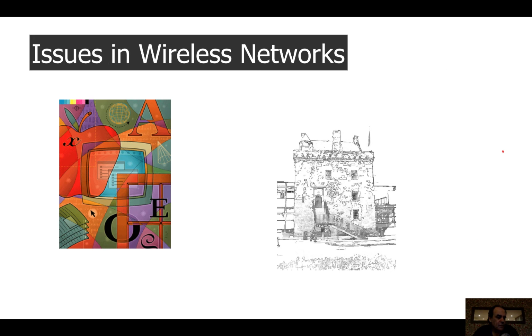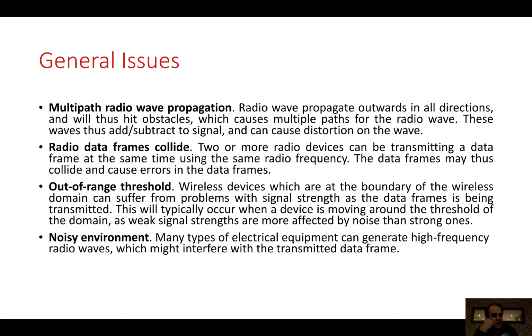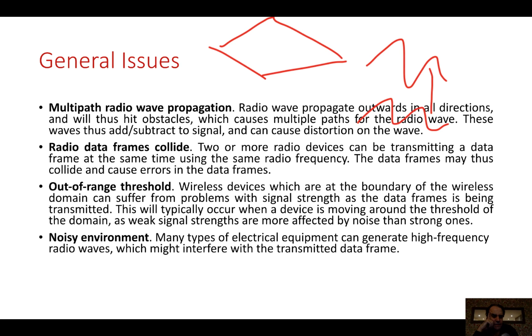Okay, so let's look at a few issues in terms of wireless networks. So we have the problem of multipath. So multipath, as we'll see, is where we get signals racing each other and can actually cancel each other out. We get radio waves that can collide with each other on the same frequency and cause distortion.